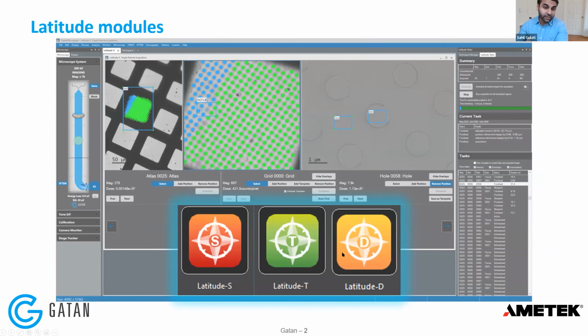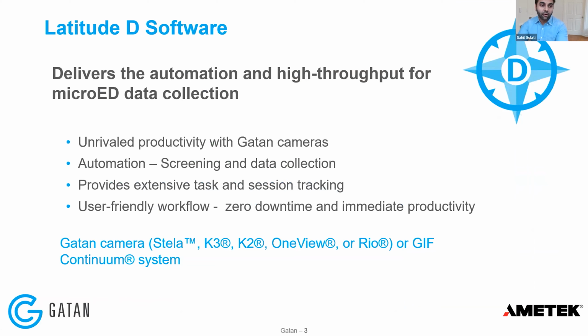Focusing on Latitude D today, Latitude D delivers the automation and high throughput for MicroED data collection. There are several features you'll find very beneficial, including its unrivaled productivity with Gatan cameras, because the software and the cameras that you use are produced by the same company, you can imagine a very good seamless integration between both, and therefore the productivity that you get is high as well.